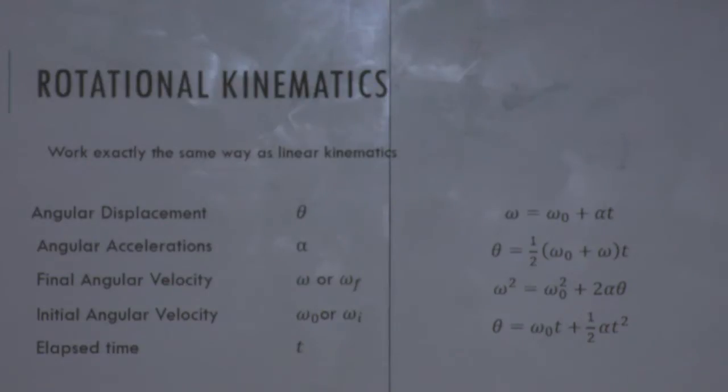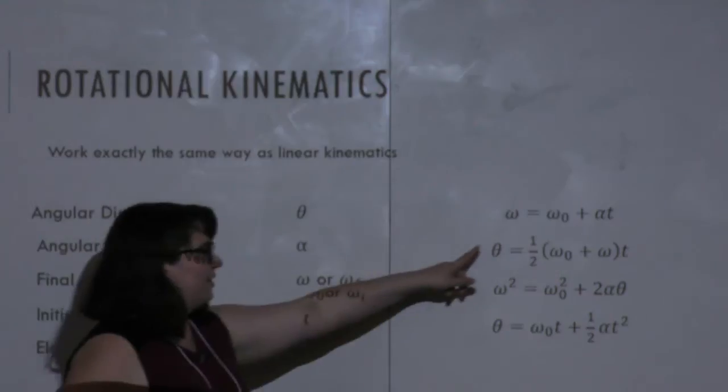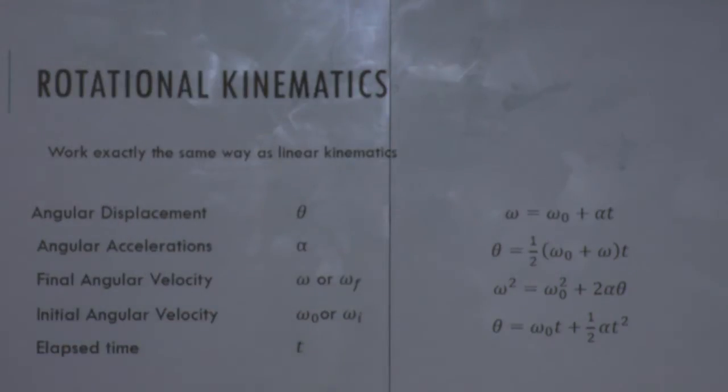As you will notice, they look very similar to your linear ones, right? Except now you've just replaced your displacement, accelerations, all those, with their angular versions. So, same thing. And this also was one of the equations that I told you about too. Again, some professors give it, some do not.